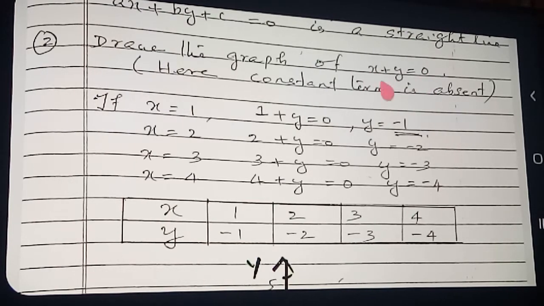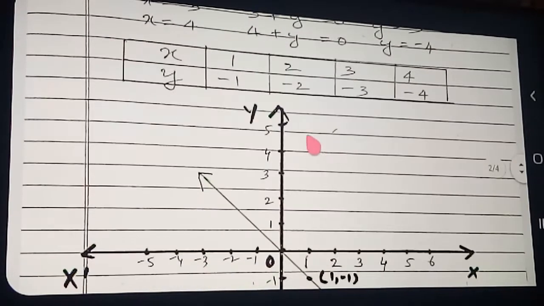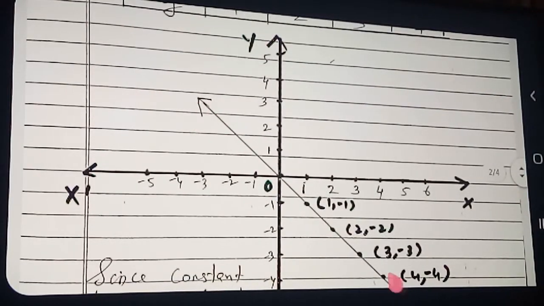In all of them, which term is absent? The constant term is absent. If the constant term is absent, the graph of that equation will pass through the origin only. Any graph you draw and see, you can see it will pass through the origin only. You can see this is the origin. It is passing through the origin only.